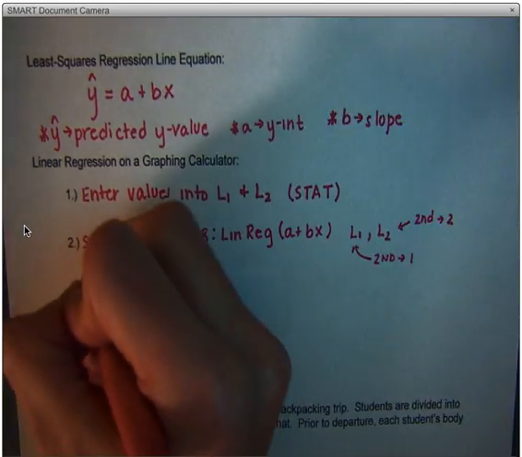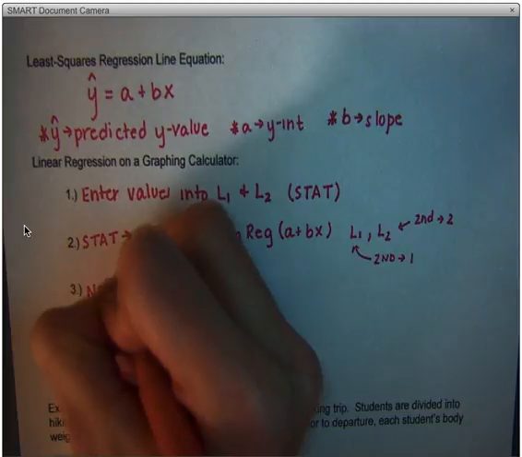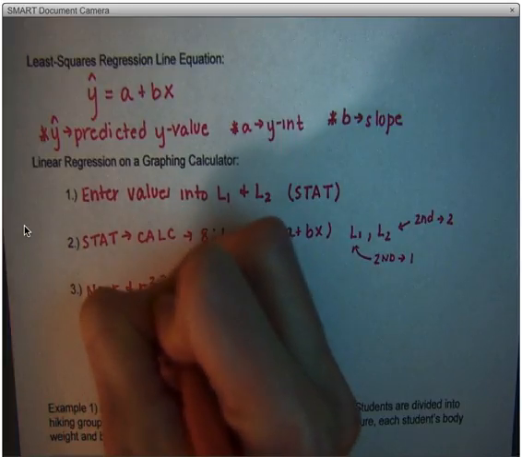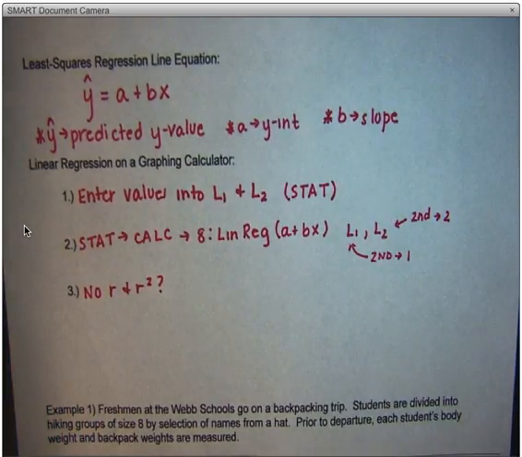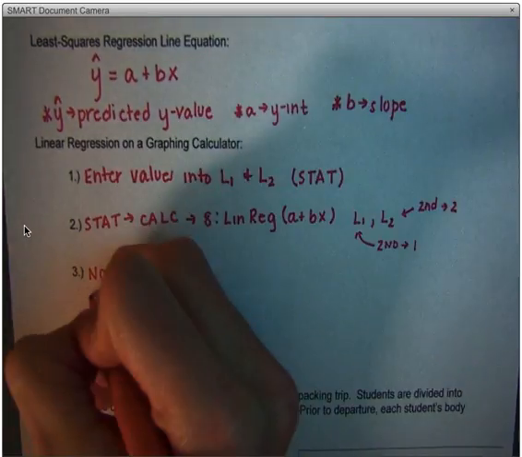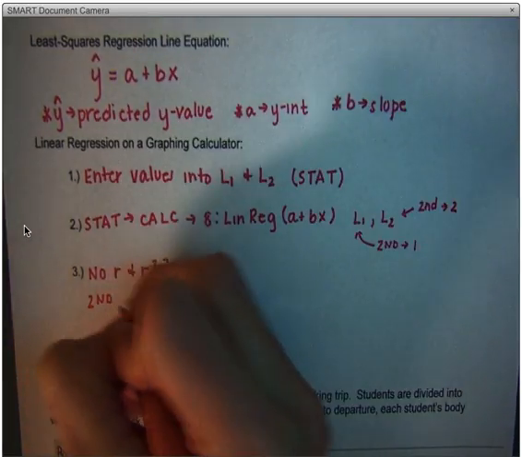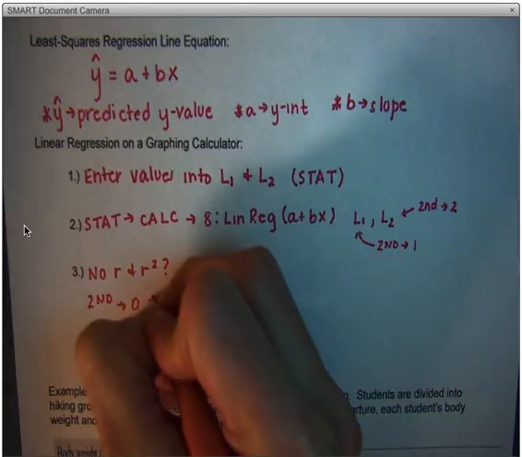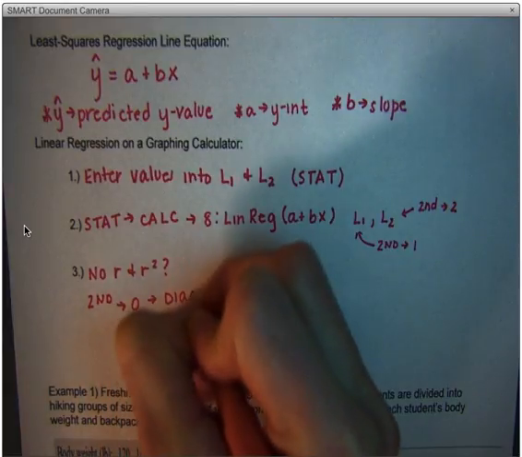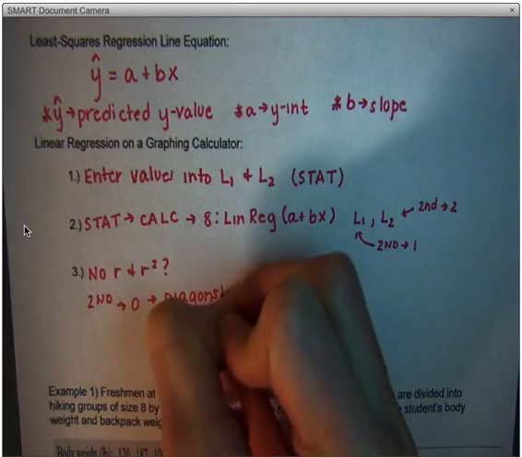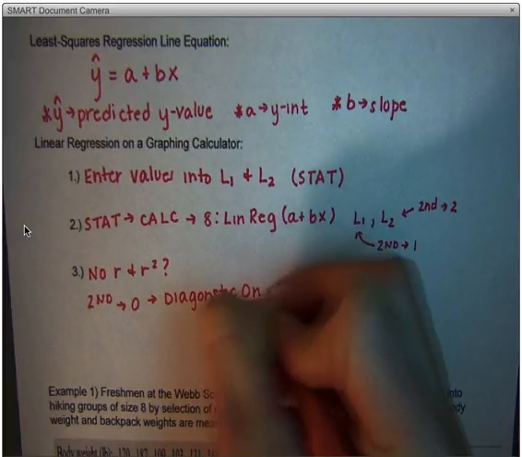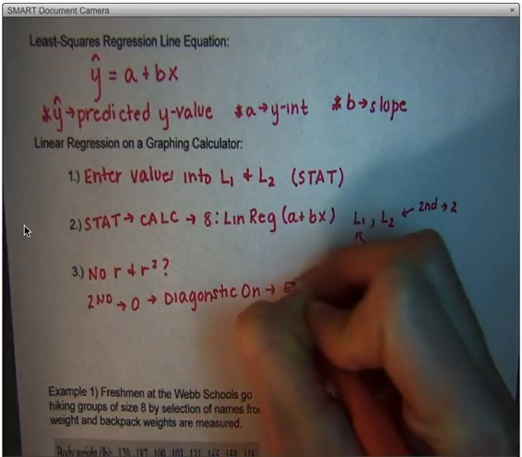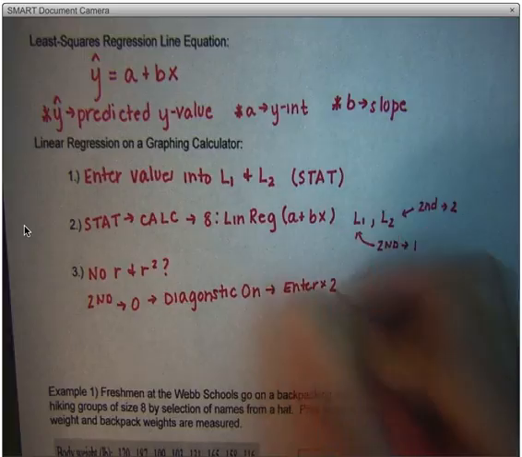So whenever you go to calculate, if r and r squared do not show up, you're going to go to second, 0, scroll down until you find diagnostic on, and then you're going to hit enter twice.